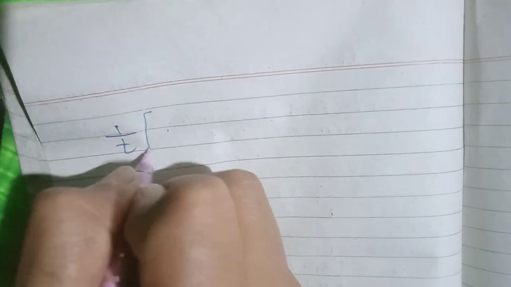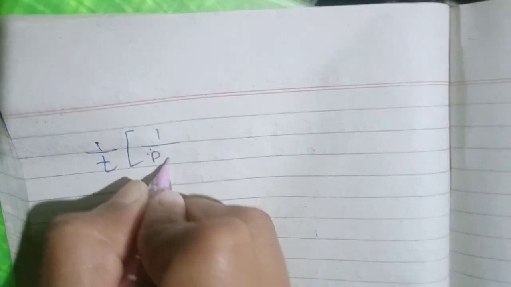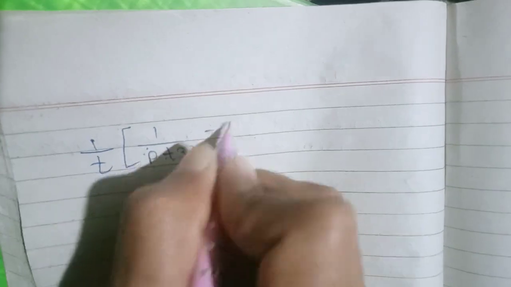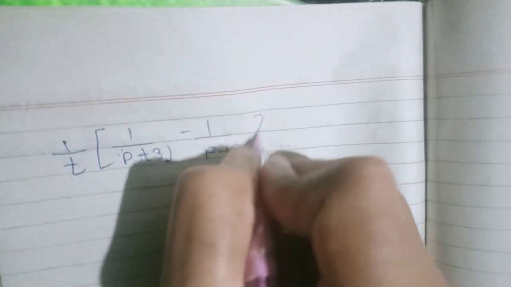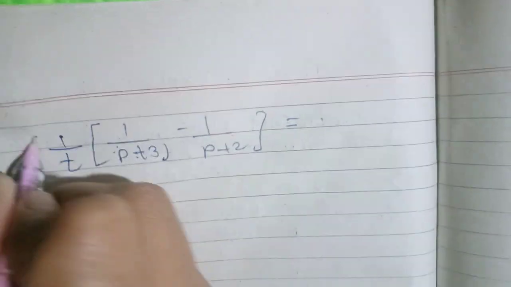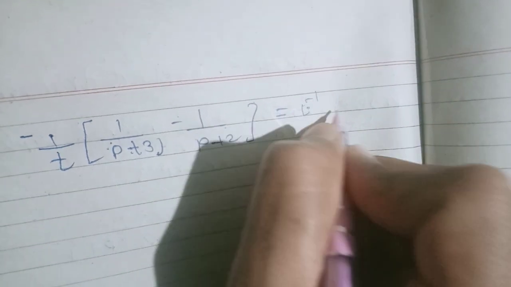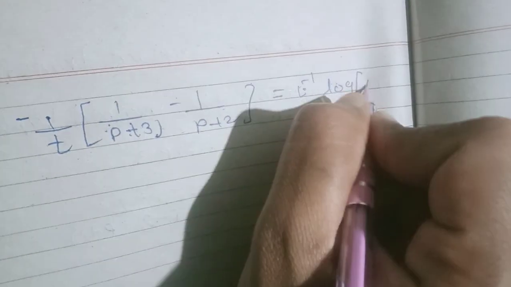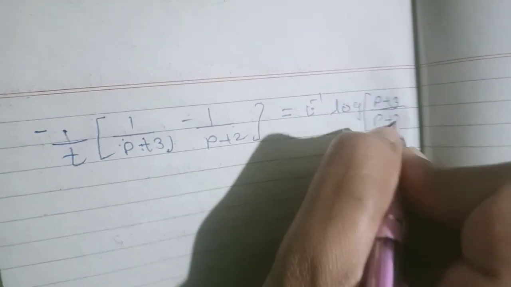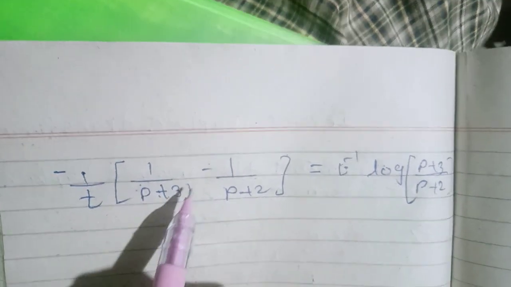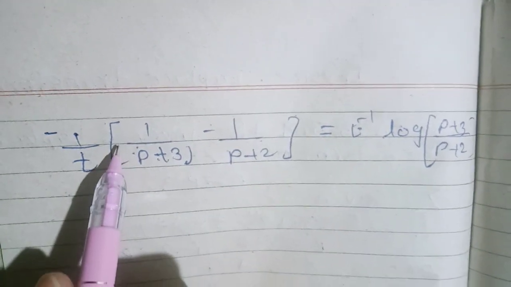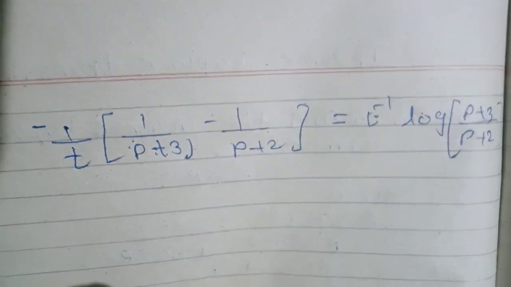So our equation becomes 1 upon t, 1 upon p plus 3 minus 1 upon p plus 2, this is equal to Laplace inverse of log of p plus 3 divided by p plus 2. So this is the inverse Laplace transform equation. So thank you.